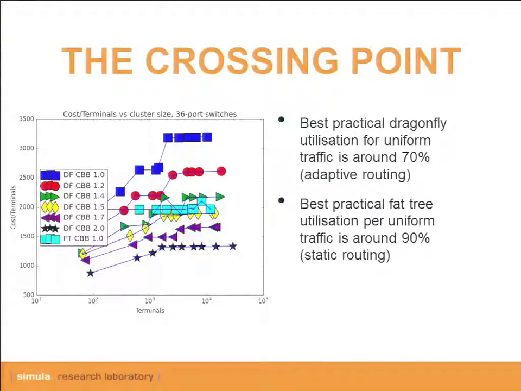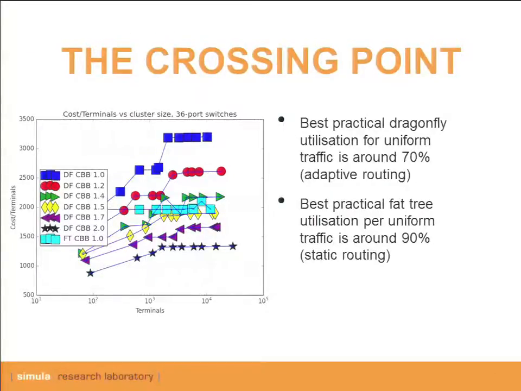You have to make local decisions based on the blocking of the global links to be able to have the best performance. While the fat tree is well studied, so it's well understood. Most of the papers I see that do a fat tree evaluation are able to achieve around 90% throughput for uniform traffic.